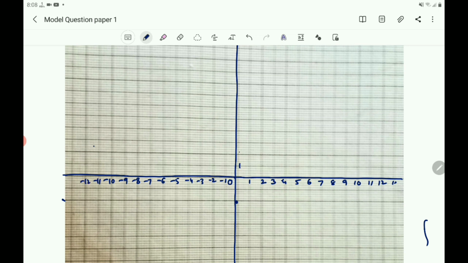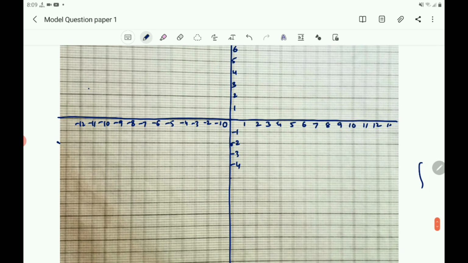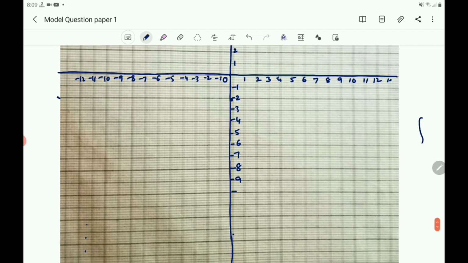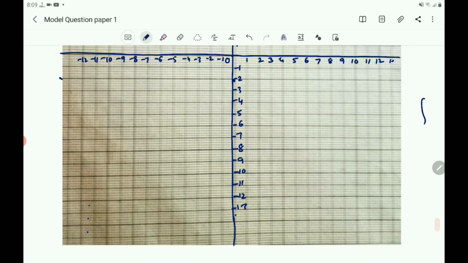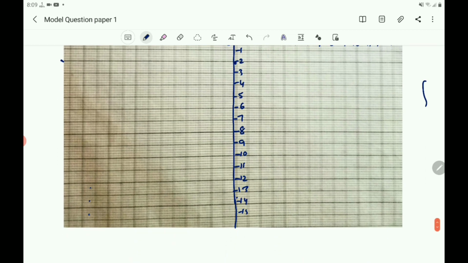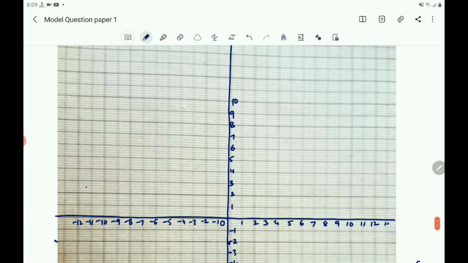And above the positive 1, 2, 3, up to 10. Below minus 1, minus 2, up to minus 15, and so on. Here also continue it.